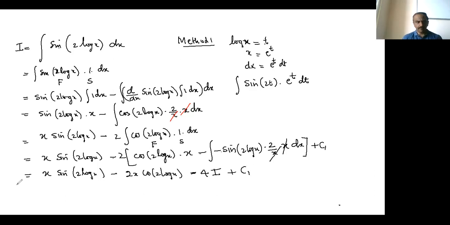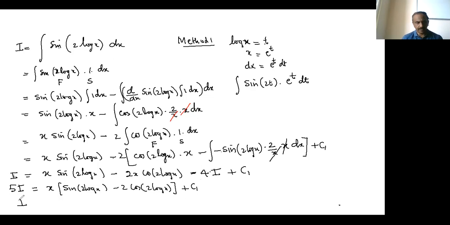So it became 5I is equal to, remember left hand side is I. So when you add both, this I plus this 4I will give you 5I is equal to, take x common like last time, sine of 2 log x minus 2 cos of 2 log x plus C1.